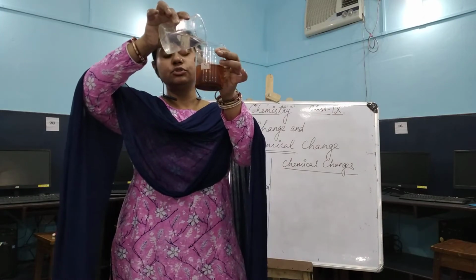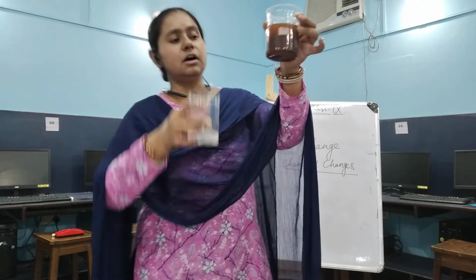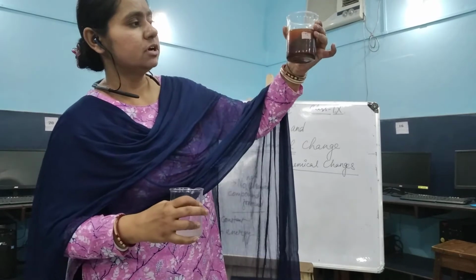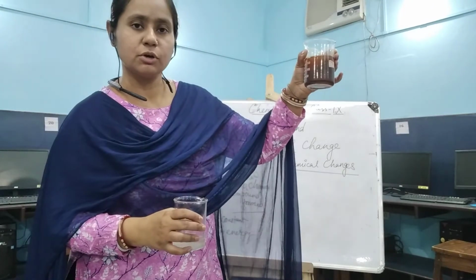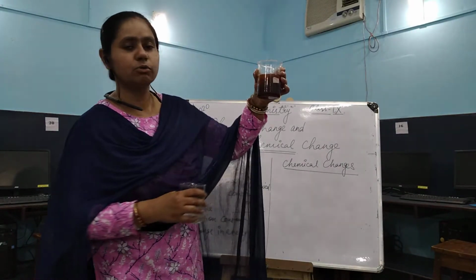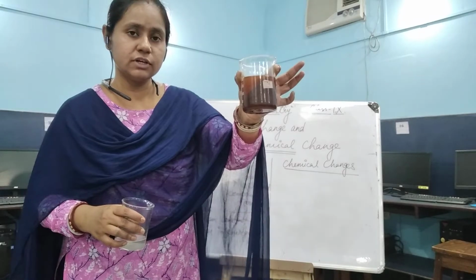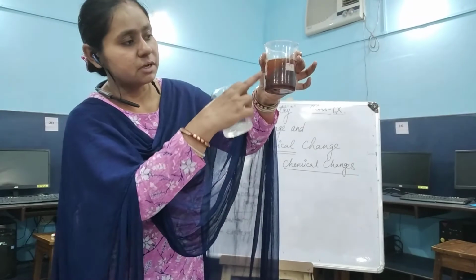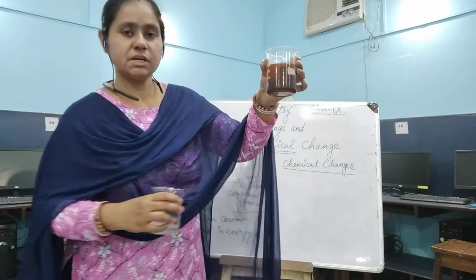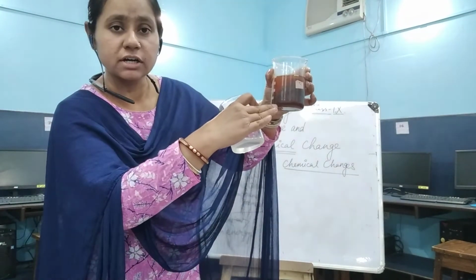You will see a dense chocolate brown precipitate forming over here. If you look very carefully at the beaker, you will see the precipitate floating. The moment I keep this beaker for some time, the precipitate will settle down at the bottom.